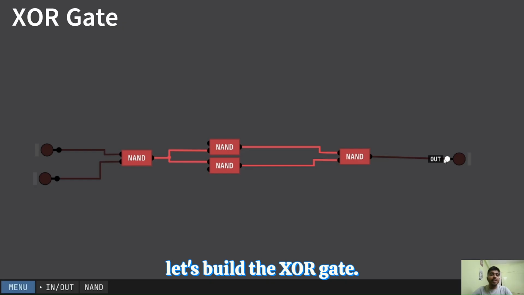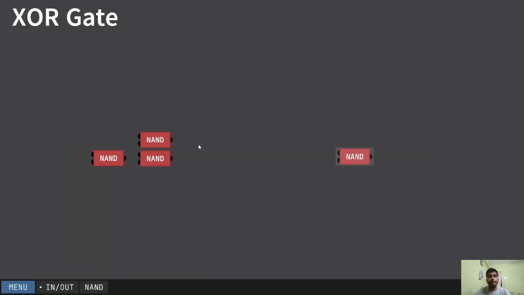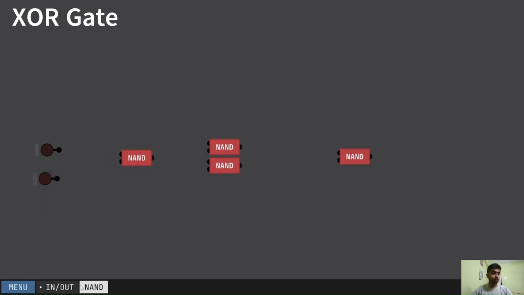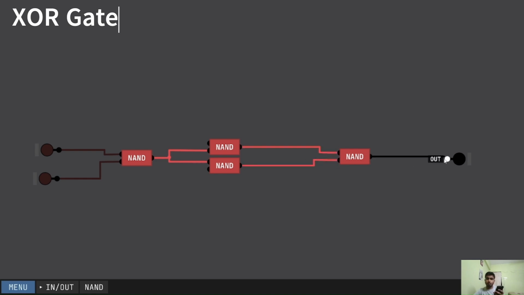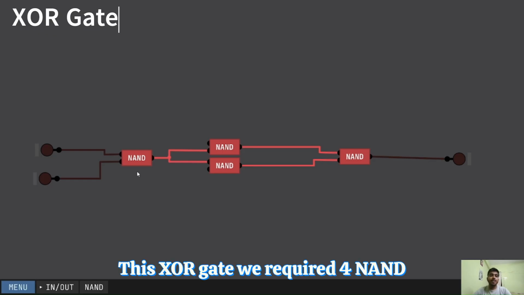Okay, so let's build the XOR gate. For this XOR gate, we require 4 NAND gates.